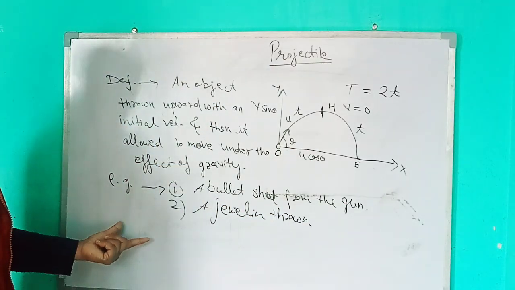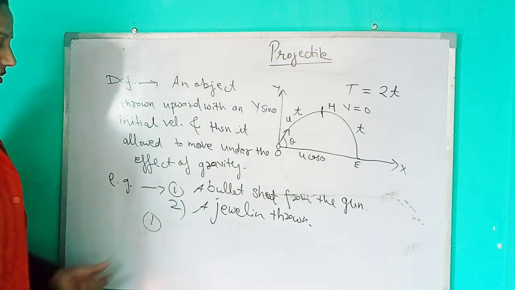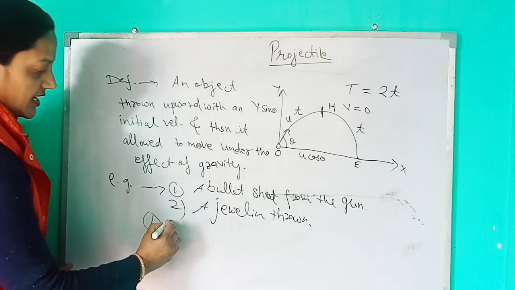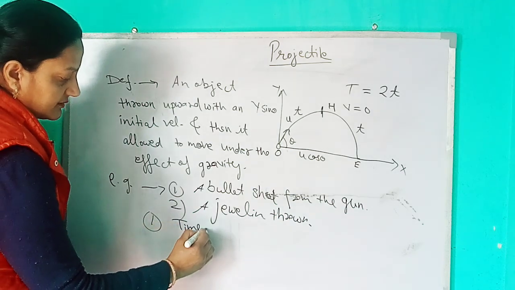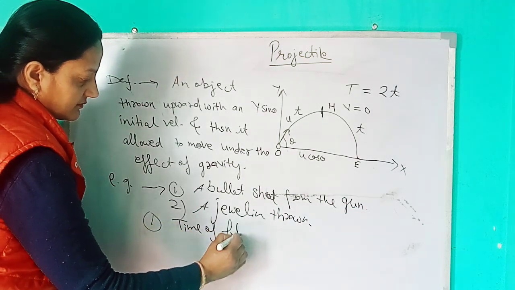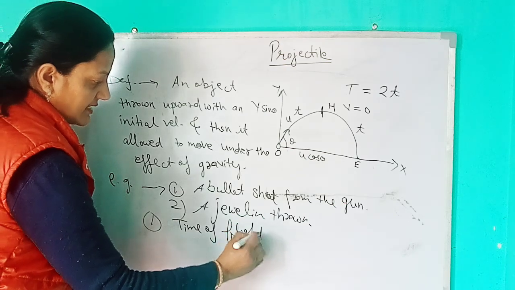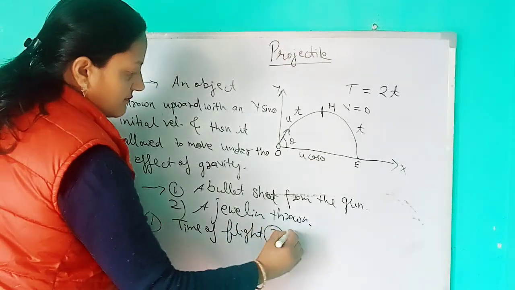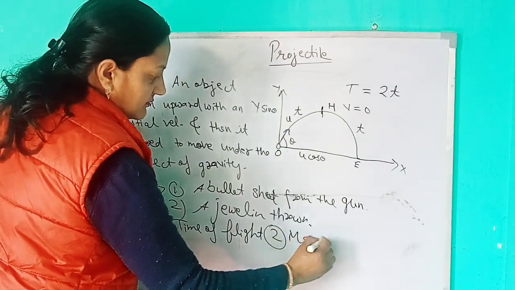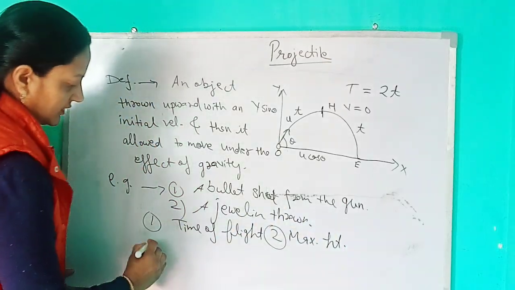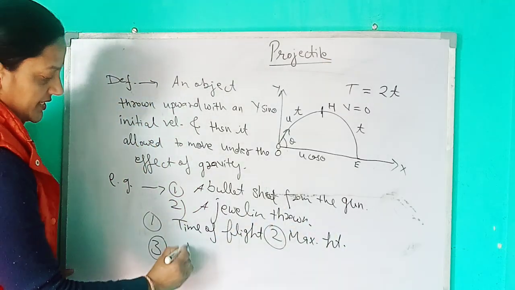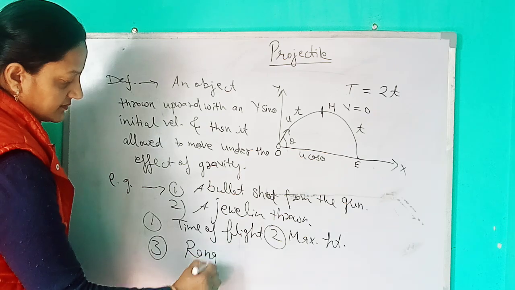So we have to discuss all three points. First is time of flight. Second is maximum height. And third, we will discuss range. What is range?